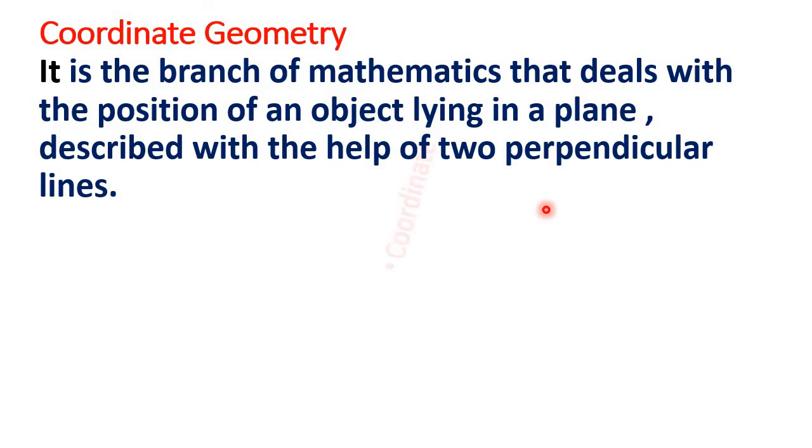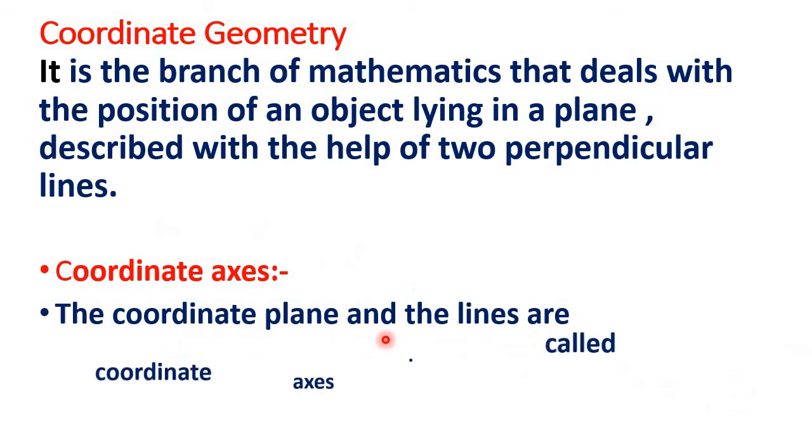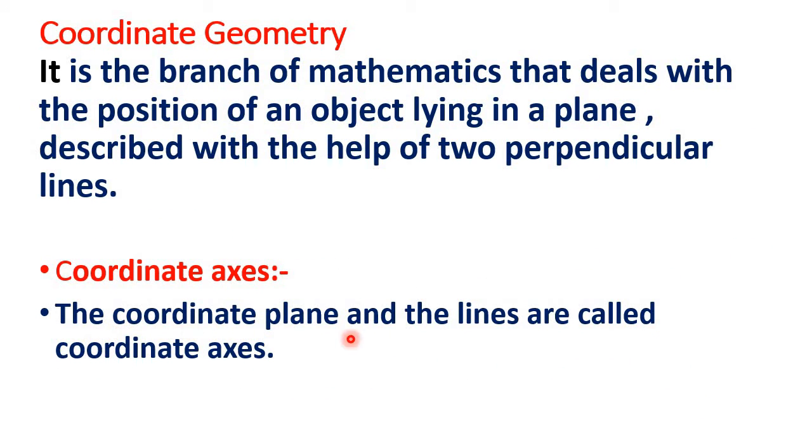Then what is a coordinate axis? The coordinate plane and the lines are called coordinate axis. So let us take an example. Let us draw the lines. Here it is the x-axis and here it is the y-axis.